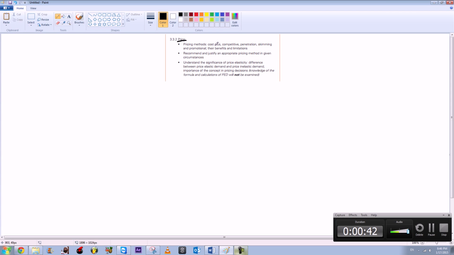So pricing methods, cost plus pricing. This is the first point, second point, and third point. Recommend and justify. Basically this is just advantages and disadvantages, and you have to recommend in the given circumstances.